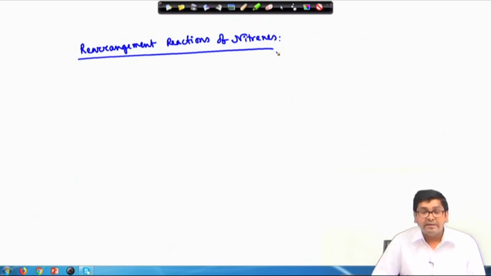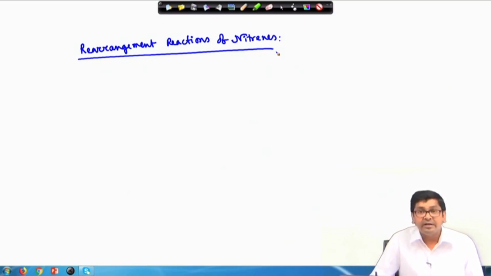Now, the leaving groups due to these migrations, some groups that will act as a leaving group, will be different in different reactions. According to that, different rearrangement names came.